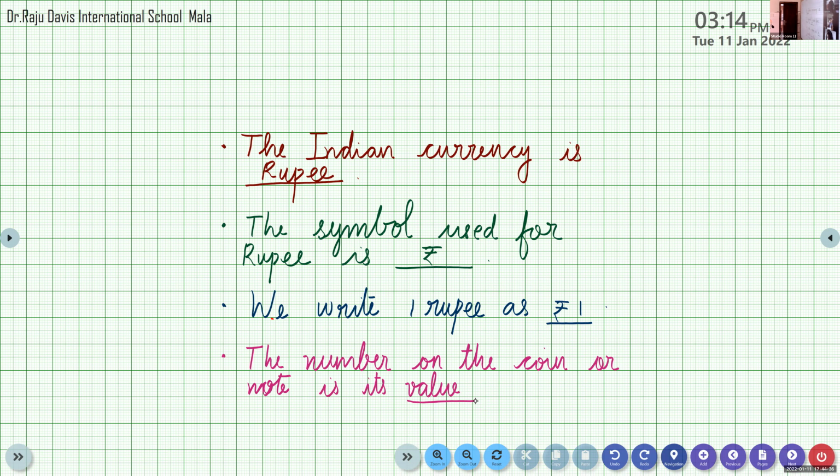The Indian currency is rupee. The symbol used for rupee is the symbol you have to write. Basil, are you writing in the notebook? Ma'am, I have completed. Okay. Students are ready.